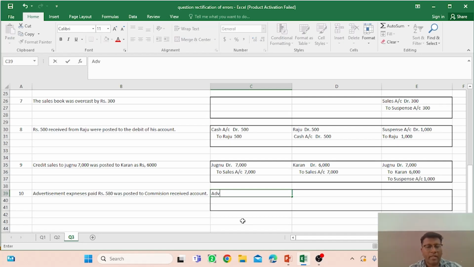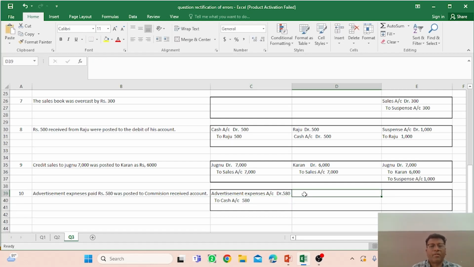That advertisement expenses account debit, and the amount is 580, and because the cash was given, or it is assumed, cash account 580. And it was treated as an income, as you are receiving the income.